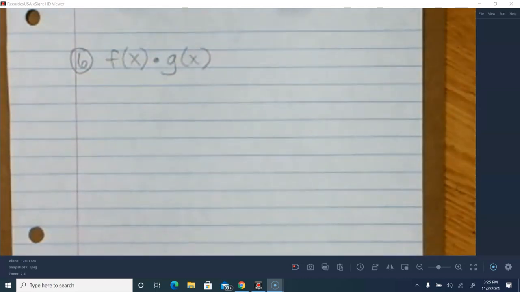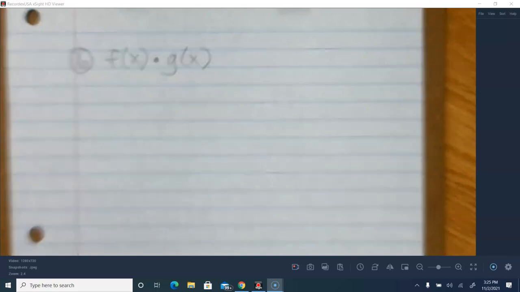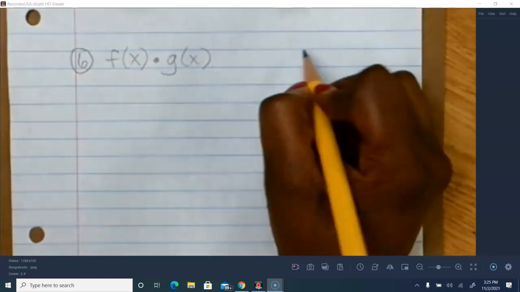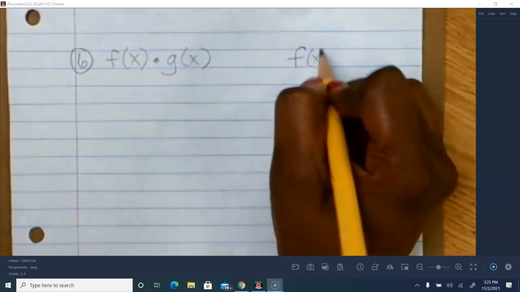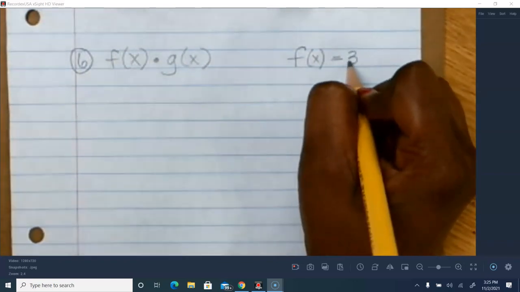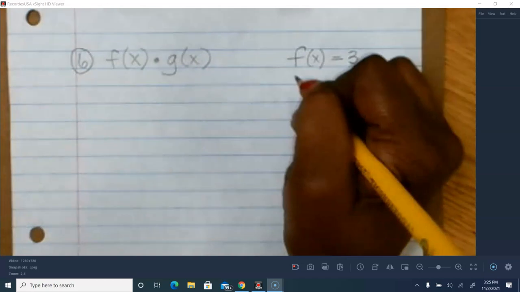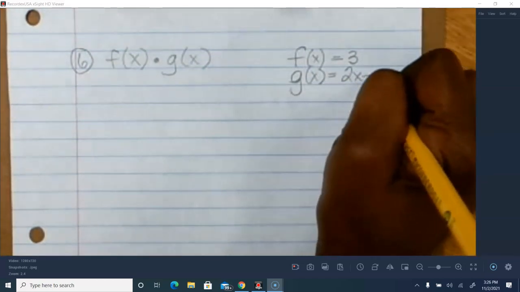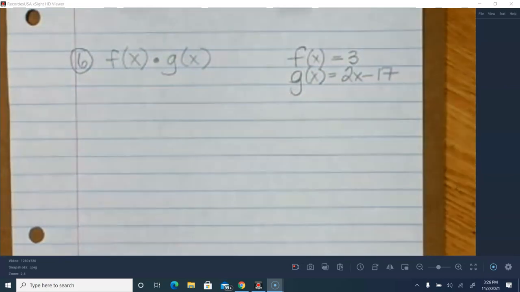So we're no longer adding or subtracting, we're now multiplying. So they want us to multiply these two. So we're going to follow the same steps we would follow any other time. First, I got to know what f of x is and what g of x is. So off to the side, I'm going to write what I've been given, which is that f of x is equal to 3, the constant 3, and g of x is equal to 2x minus 17. Pretty simple. We're just going to plug these numbers in.